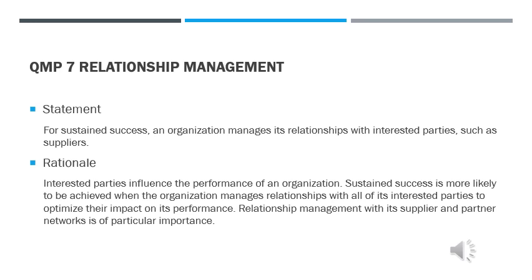Sustained success is more likely to be achieved when the organization manages relationships with all of its interested parties to optimize their impact on its performance. Relationship management with its suppliers and partner network is of particular importance.